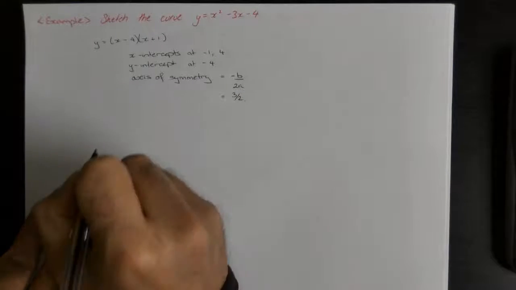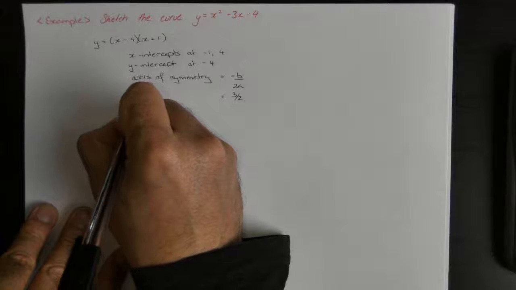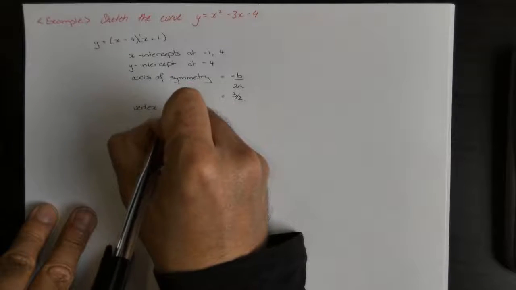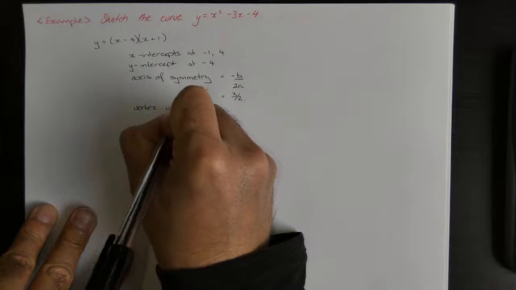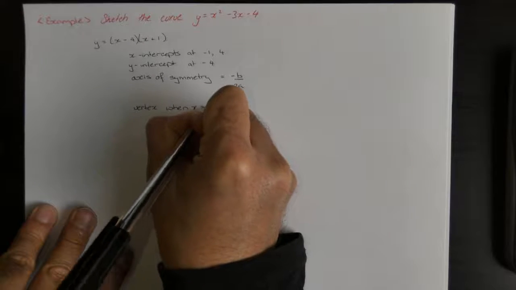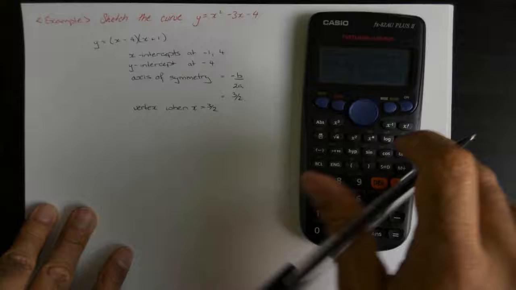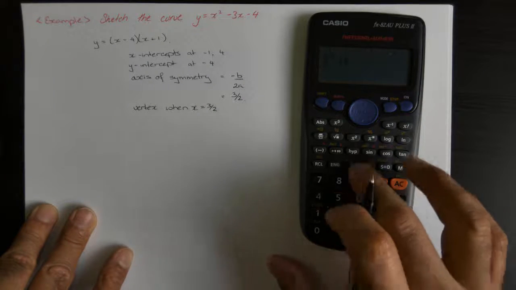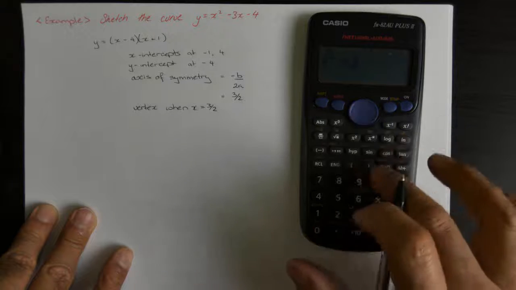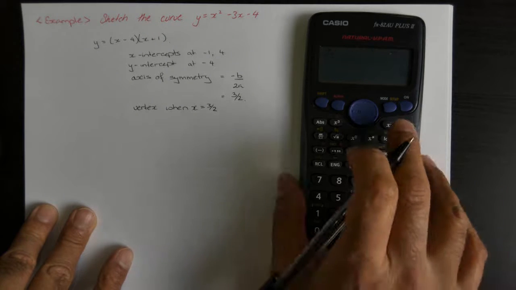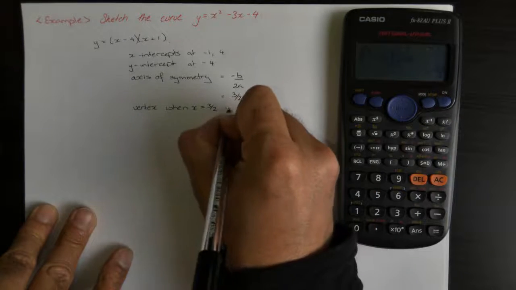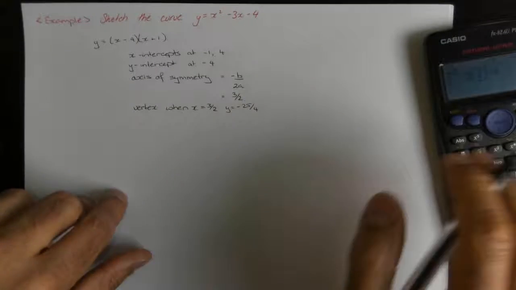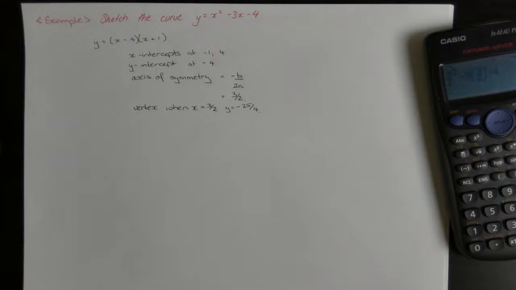And then you can find the vertex. When x equals 3 on 2, we get negative 25 on 4. Now that's how we did it in year 11.